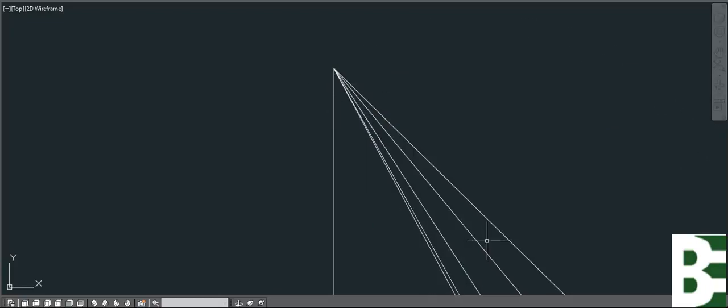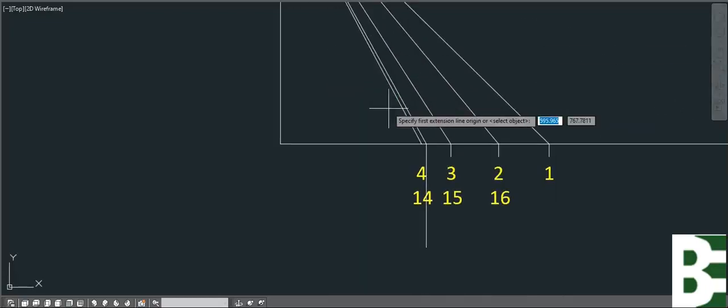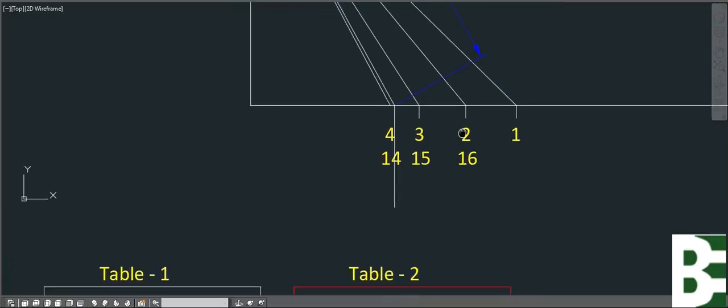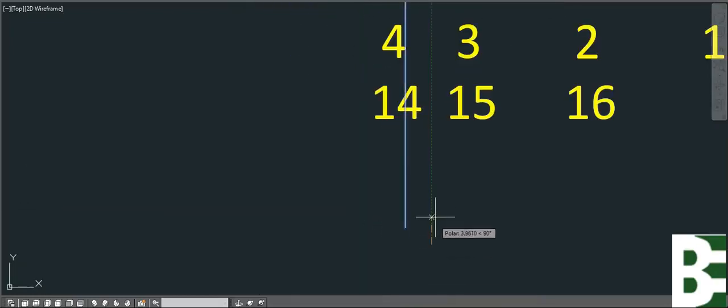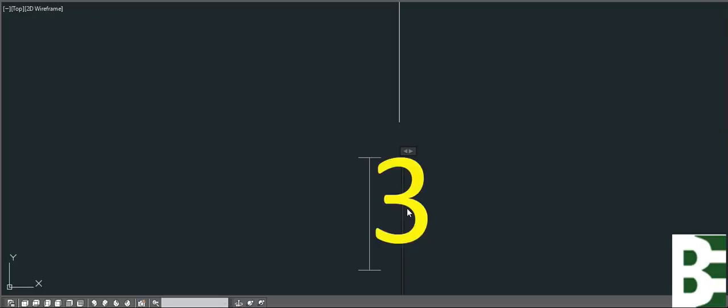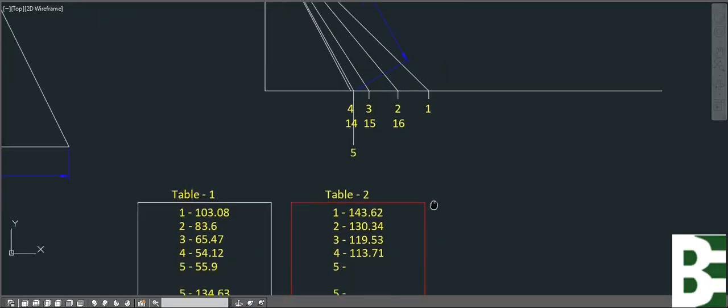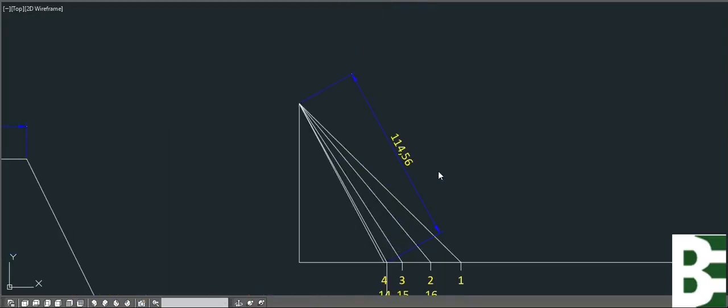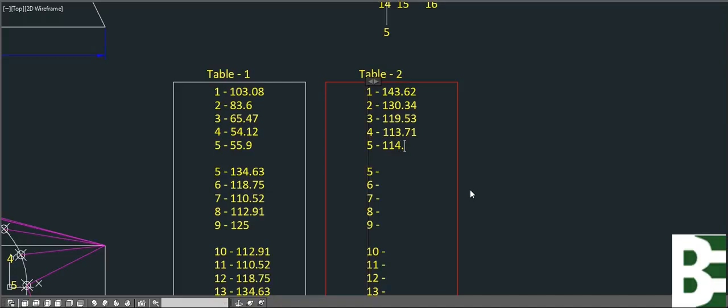This is my first 5. I'm coming from the clockwise, so this number 5, this is the first one, 114.56.